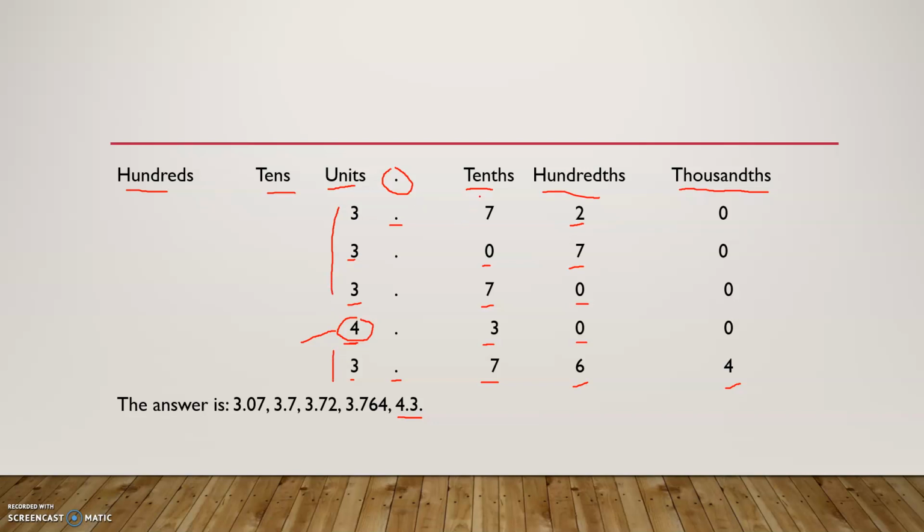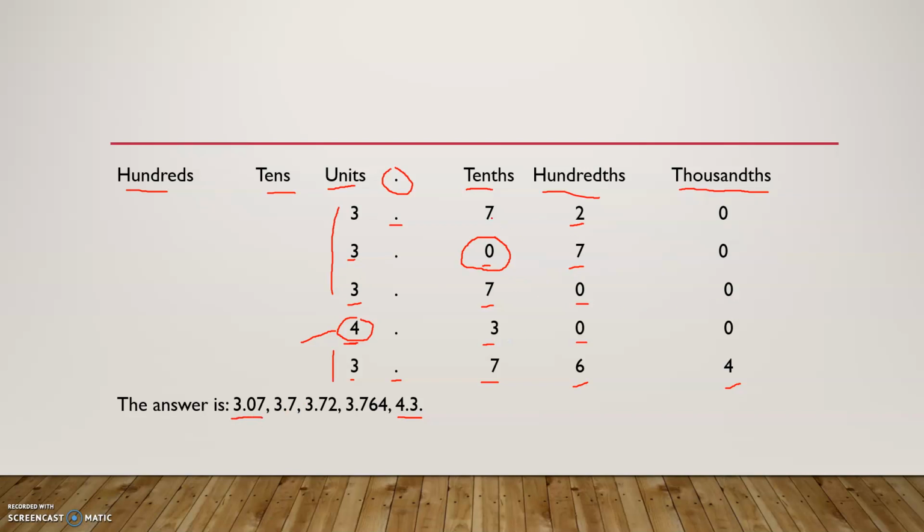If we move to tenths values, you can see here we go 7, 0, 7, 3, 7. So 0 would be the smallest number, hence 3.07 would be the smallest in our answer.